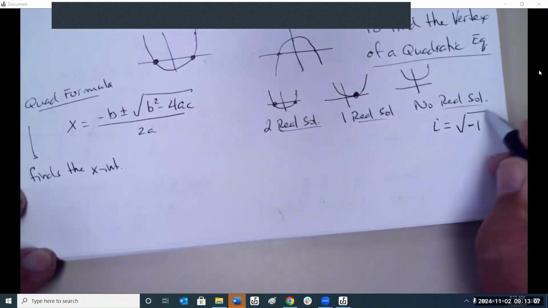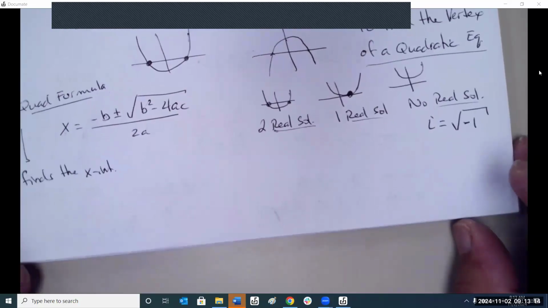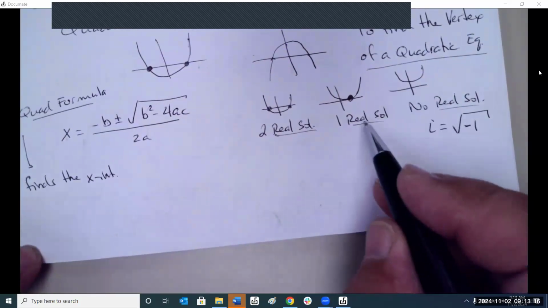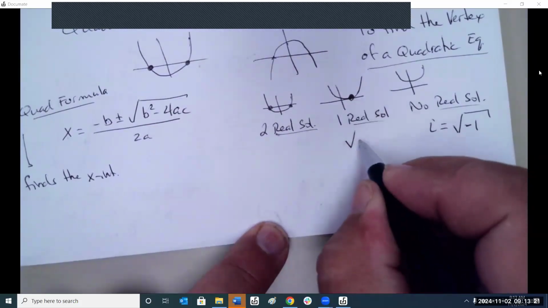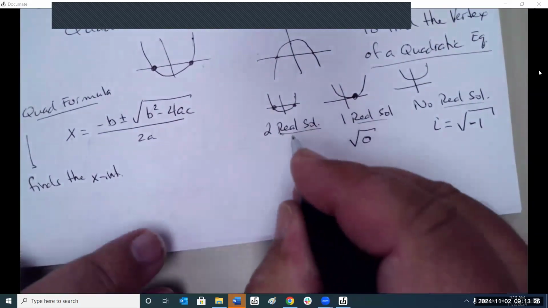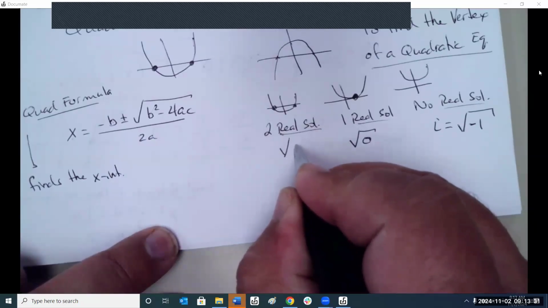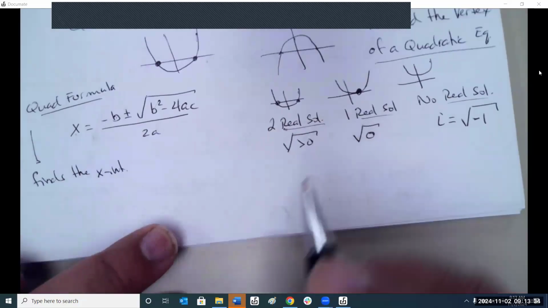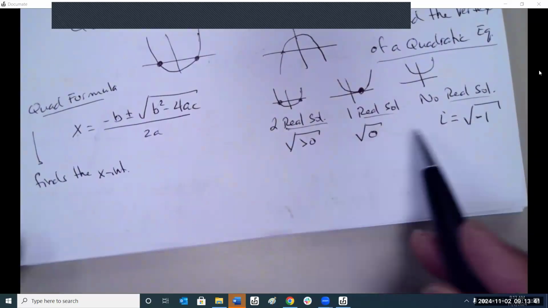That comes from when you have a negative inside a square root. And we only have 1 solution if we have 0 inside the square root. And here is when we have a number that's bigger than 0, if it's positive.